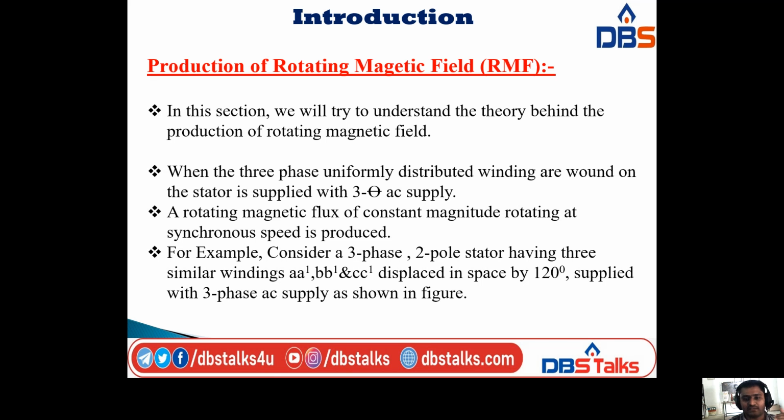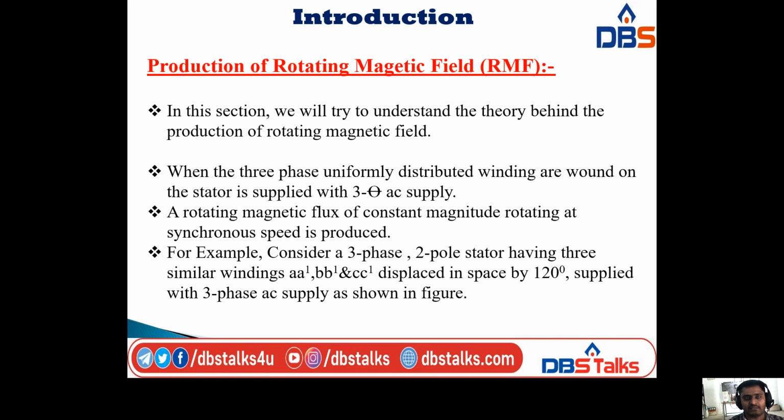Whenever we give the three-phase AC supply to the stator, it gets excited, current flows through it, and it produces a rotating magnetic flux of constant magnitude rotating at synchronous speed.